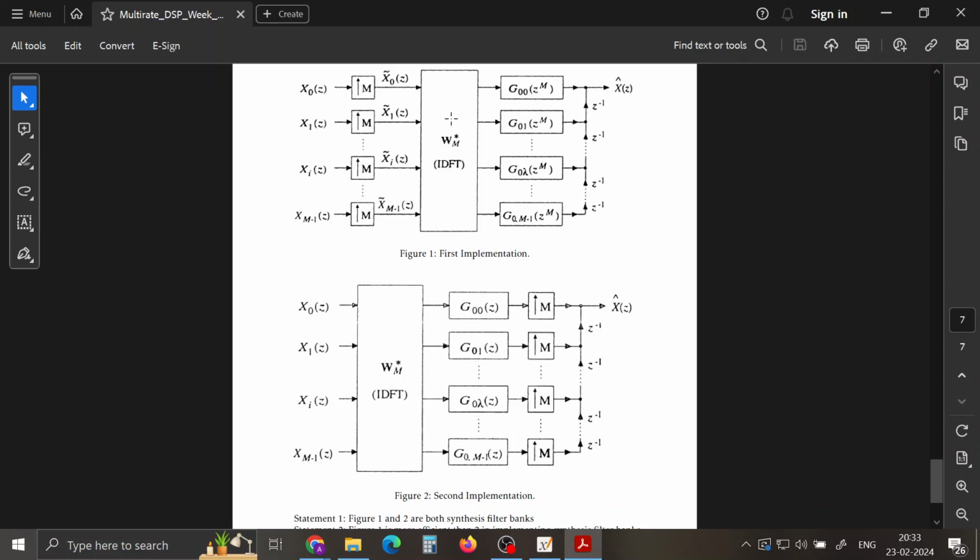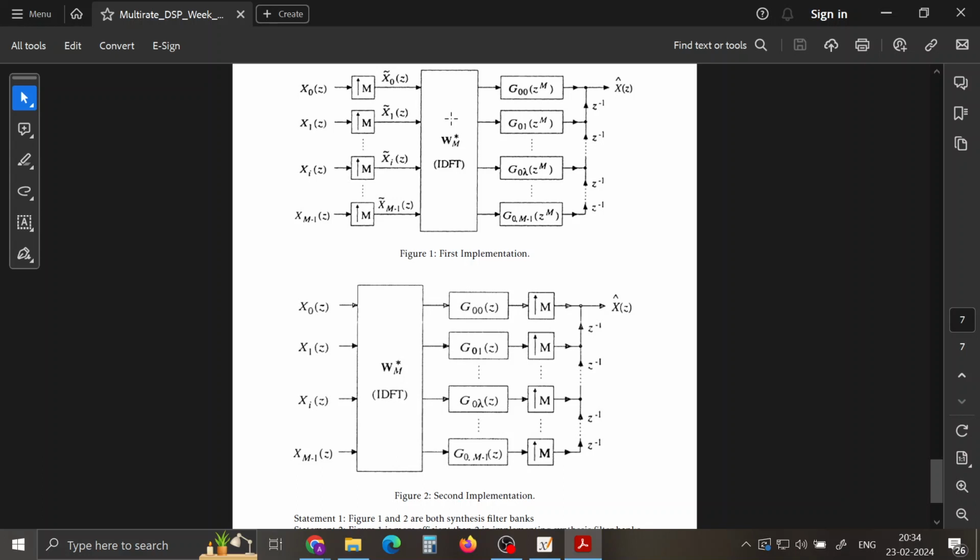We are synthesizing that signal by combining the components together. So yes, both figure 1 and figure 2 are representations of synthesis filter banks. So statement 1 is true, right?